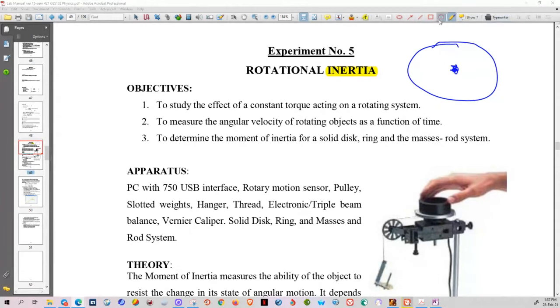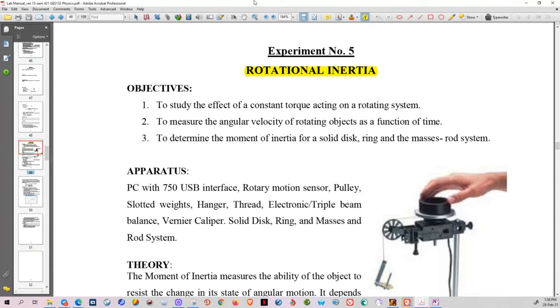If we combine the concept of inertia and rotational motion, we get rotational inertia. So rotational inertia is defined as the ability of an object to maintain its state of rotational motion.